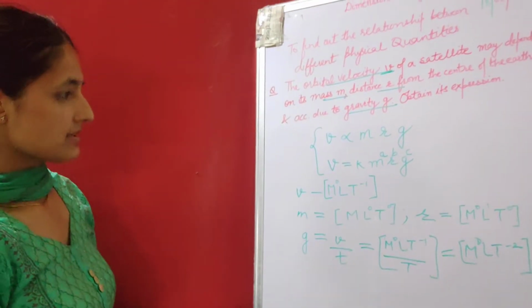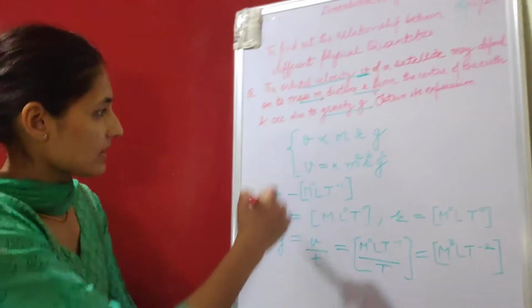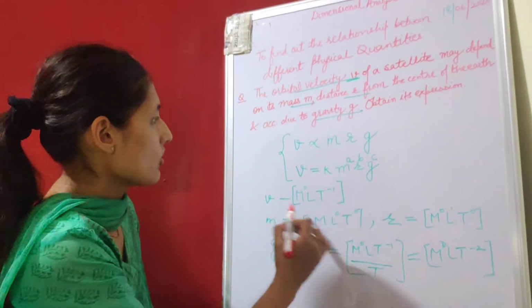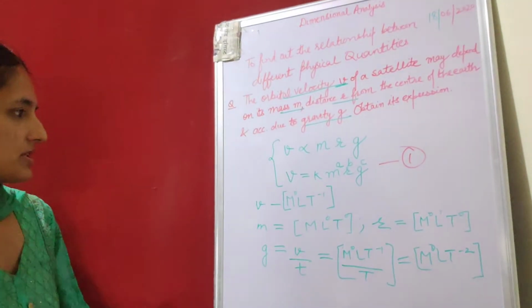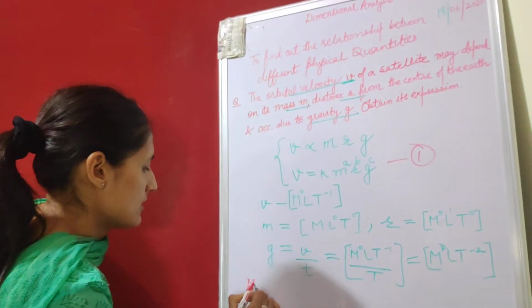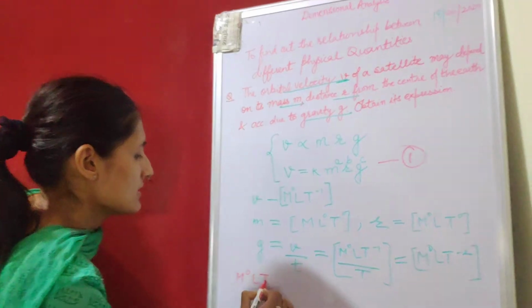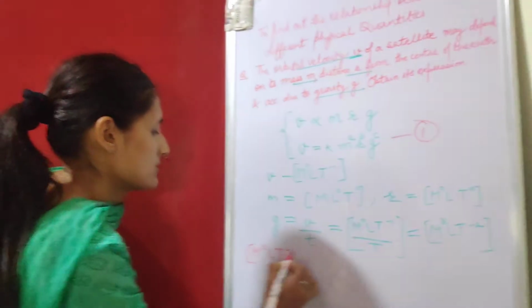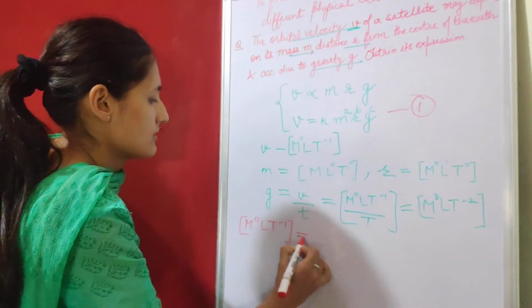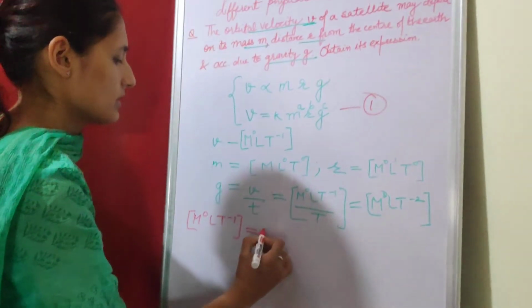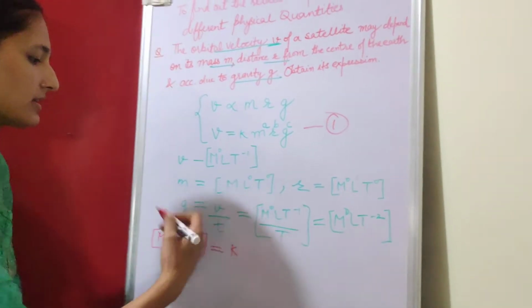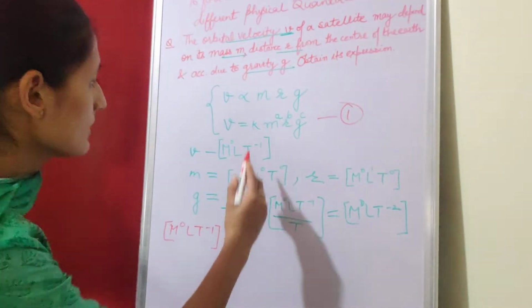Now the next step is to put all these values in this equation, equation number 1. V is M0 L t minus 1. K is a dimensionless constant, so in place of K, if you don't want to write anything, it is correct.